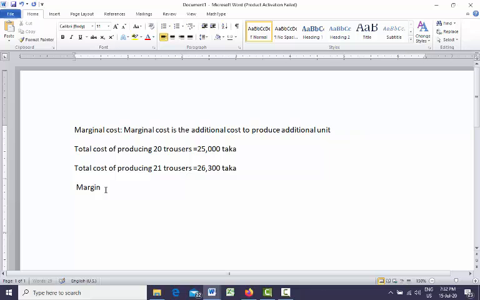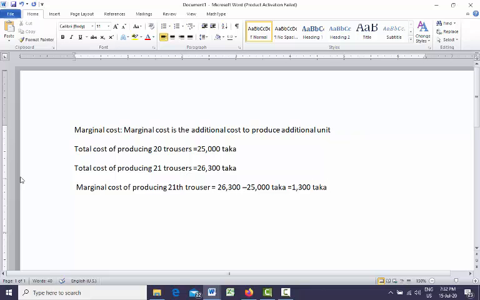The marginal cost of producing the 21st trouser is equal to 26,300 minus 25,000 taka, which is 1,300 taka.